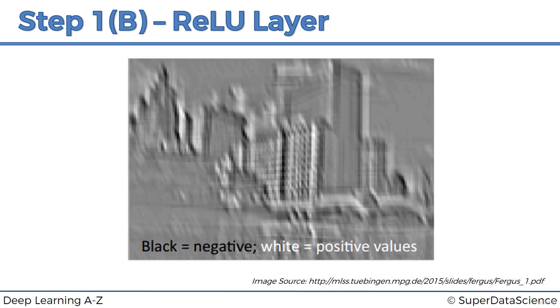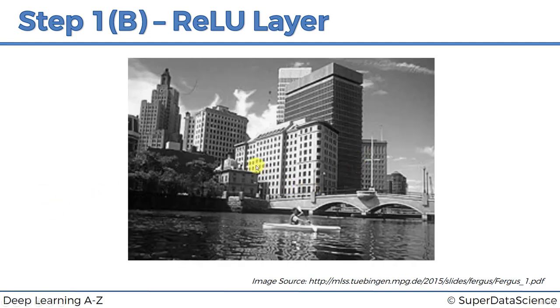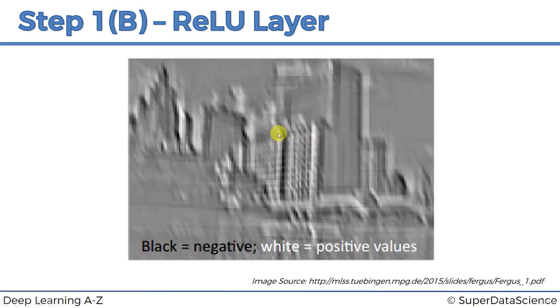I'll try to show an example on this image, but at the end of the day, this is a very mathematical concept, and we would have to go into a lot of math to really explain what is going on. But have a look. Let's look at this building here. This is a building on its own. Then you can see this shadow, this black part. You see that it's white, the reflection of the light, and then it's gray, and then it gets darker, and then it gets darker.